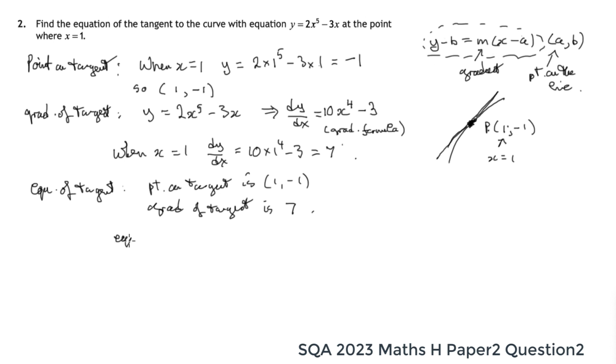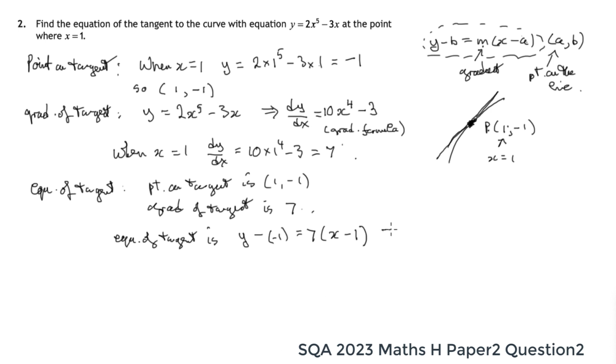So the equation of the tangent is y minus b, where b is the y coordinate of the point on the line. So that's the negative 1. So it's y minus negative 1 equals m, the gradient, that's 7, times x minus a. Now, a is the x coordinate of the point that's on the curve, on the line. So that's x equals 1.